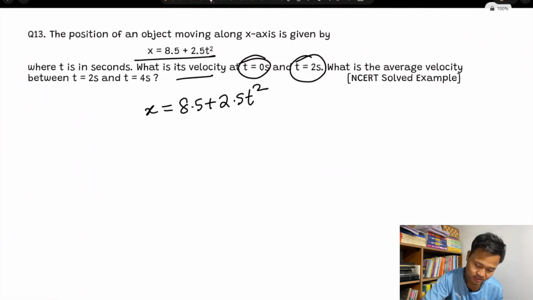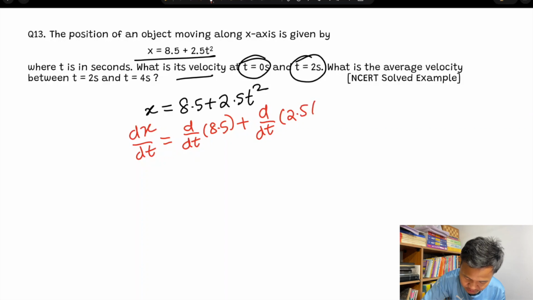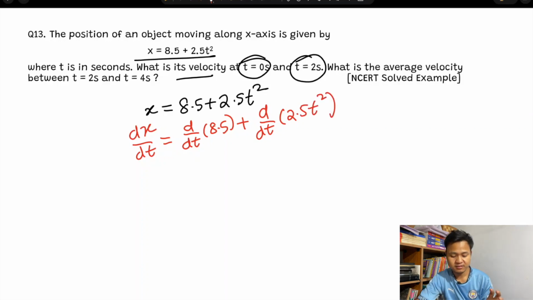So you do that. dx by dt is d by dt of 8.5 plus d by dt of 2.5 t square. Please go back and see the basic math part on differentiation; all of you should know how to do this.